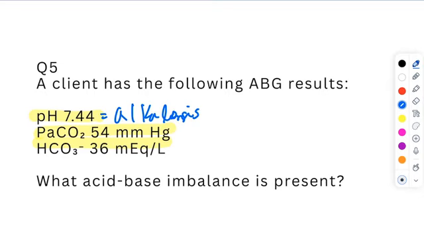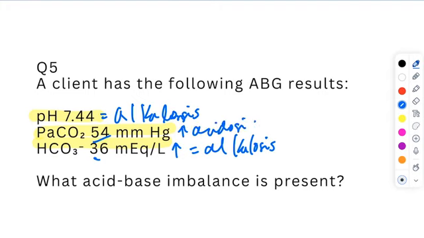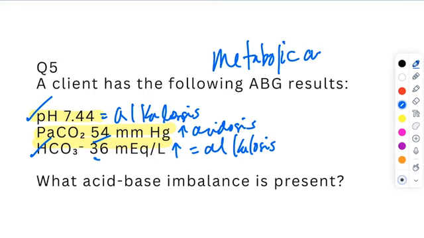Now the bicarb, I'm just gonna look at the bicarb, really, really high, right? This is really high, so we know this is going to be alkalosis when the bicarb is high. Now look at the PaCO₂. That's also elevated, right? This is on the acidosis side. So the fact that you have a pH and bicarb going hand in hand, the final ABG interpretation is going to be metabolic alkalosis, right?